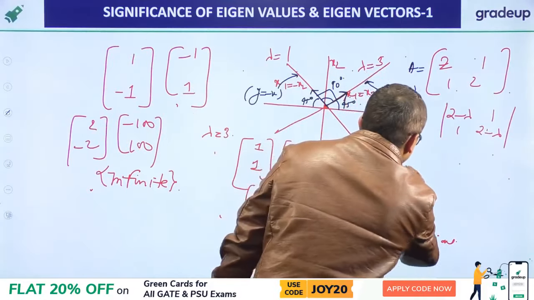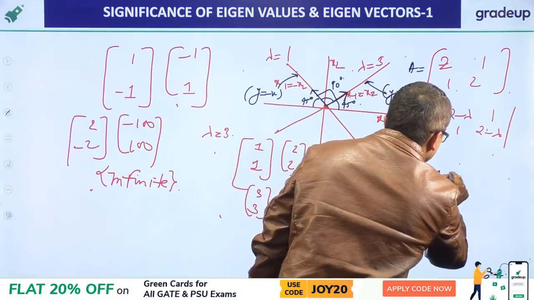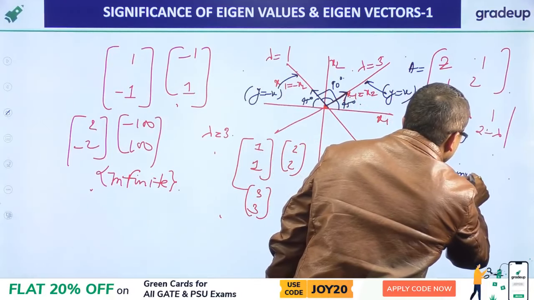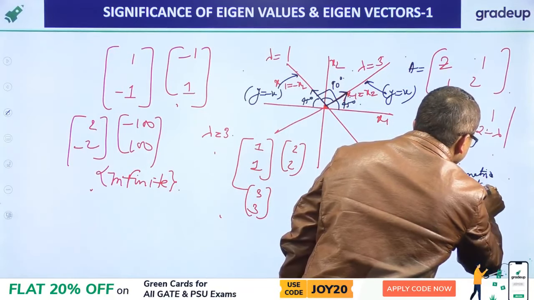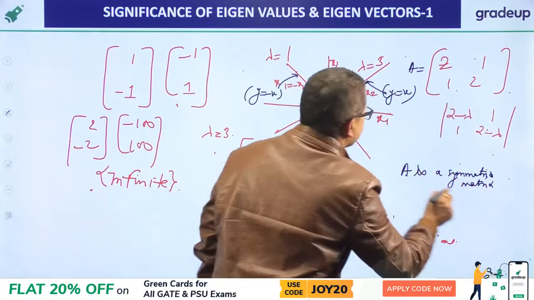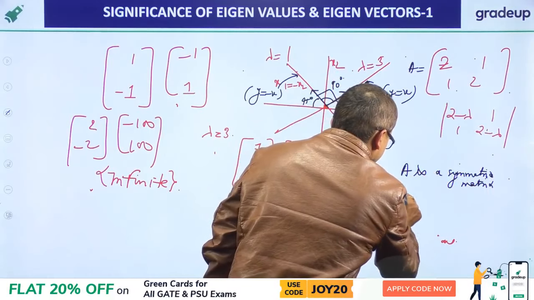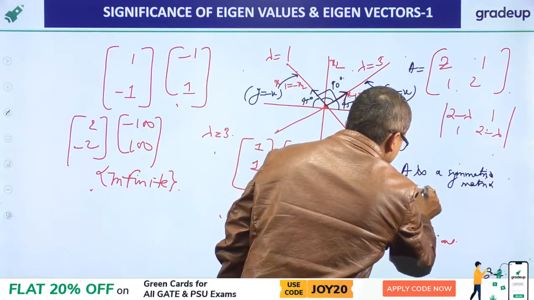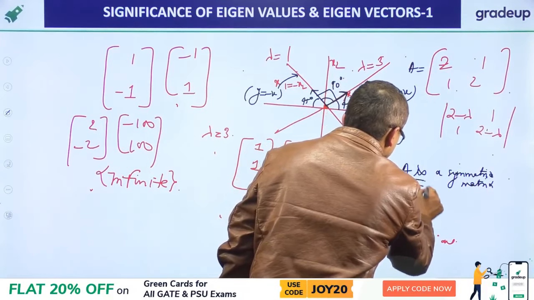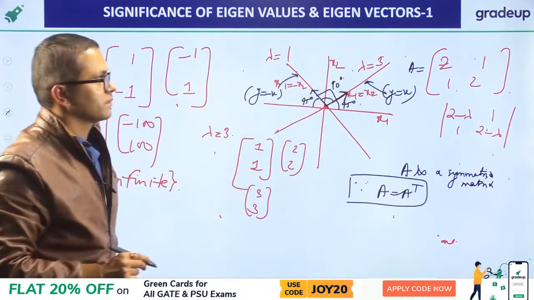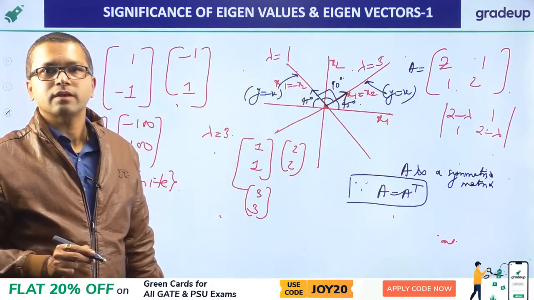So I am going to write over here, A is a symmetric matrix. Okay? A equals A transpose. Yes or no?